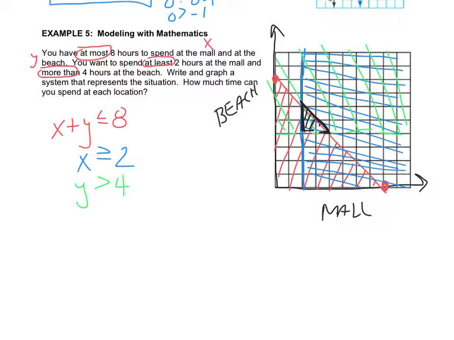So then, how much time can you spend at each location? Well, it's kind of hard to give all the times because there's a lot of times there. But what we're thinking about is how much time can I spend at the beach? How much time can I spend at the mall? So any of those ordered pairs in there would actually be a way to solve this answer.